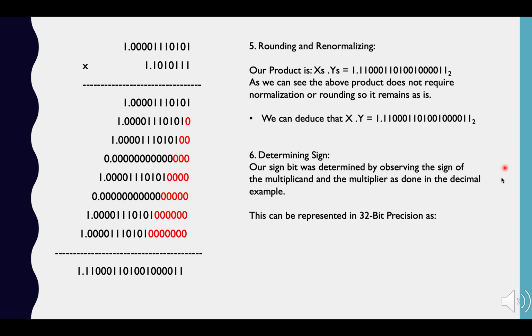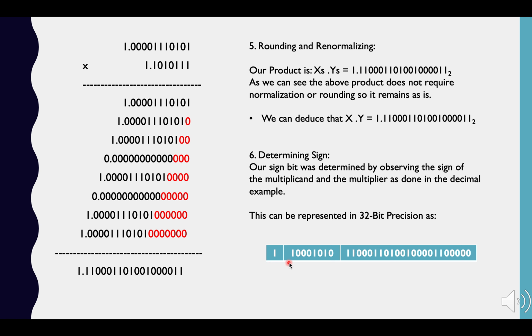In this case, since our multiplicand and the multiplier have opposite signs, that means that our product will have a negative sign. This is represented with a sign bit of 1. Now we can represent our product in 32-bit precision as follows. Our sign bit will be equal to 1 since our product is negative.